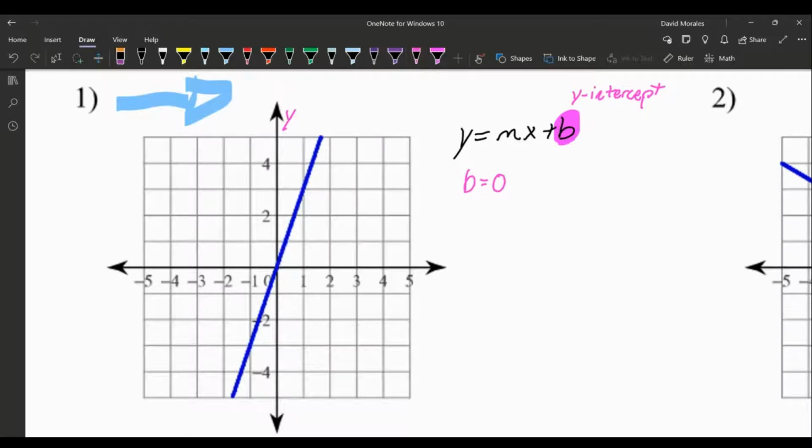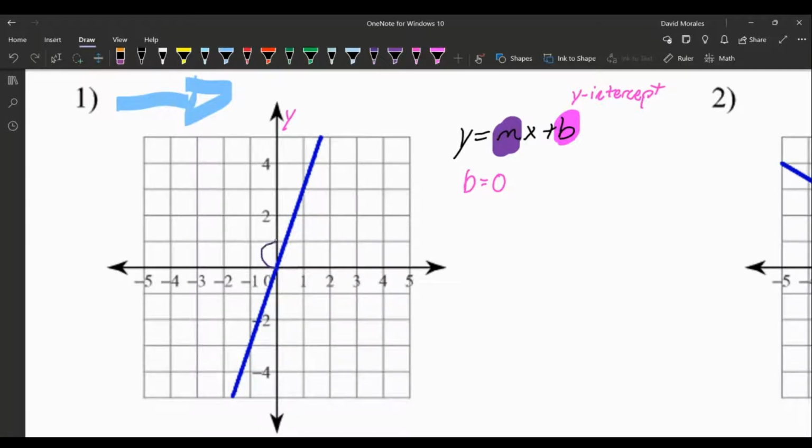Now what's my m? My m is next to my x. So I go up from this b I just crossed, and I try to find grid corner to grid corner. This is a grid corner right there, and that's another grid corner. This right here doesn't count. So from here to here, how much did I go up and over?